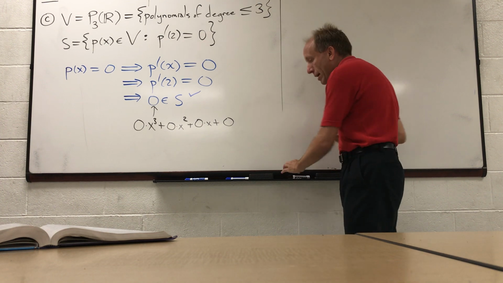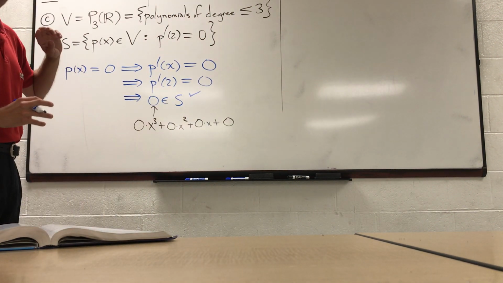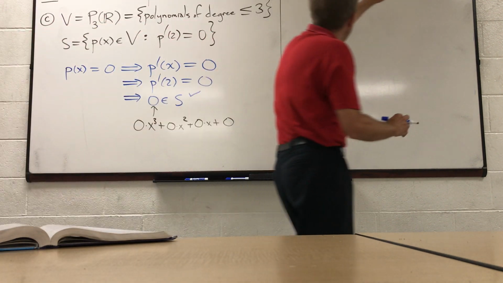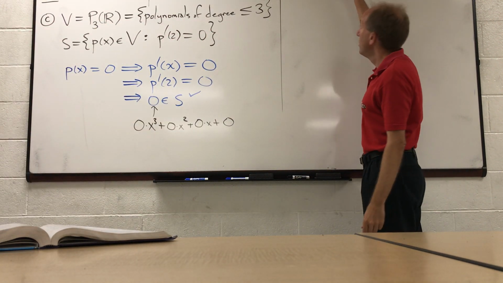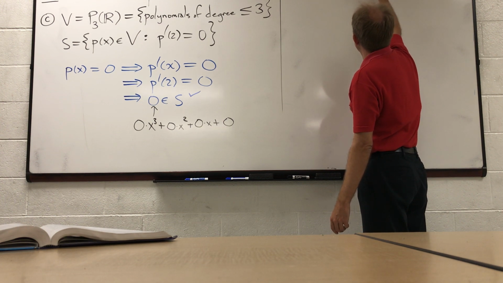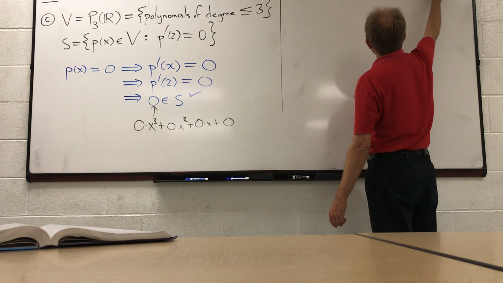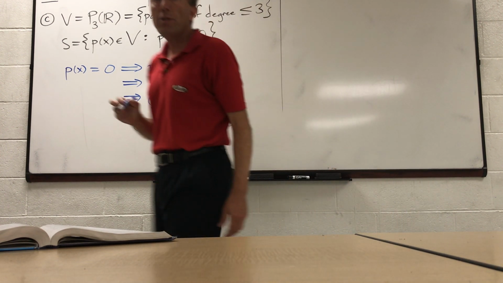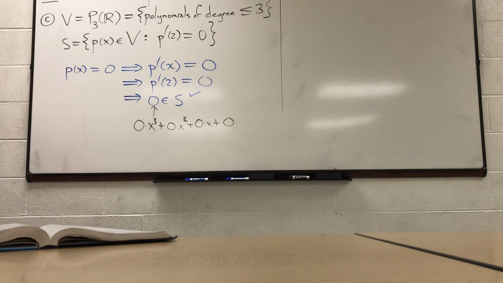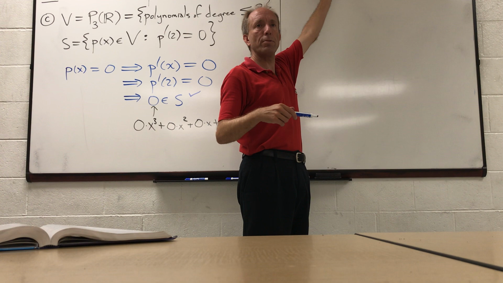So now we have to actually work on the write-up a little bit. So to write this up, how am I going to start this off? Let f of x and g of x be elements of S, right? So we take two things that are already in S. Do I need to write them out, ax cubed plus bx squared plus cx plus d?